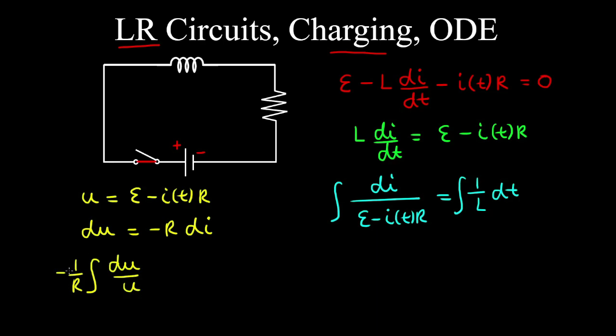So this evaluates to minus 1 over R times the natural log of u. So we have the natural log of epsilon minus the current at time t times the resistance. And on the right hand side, we get 1 over L times t plus a constant of integration.